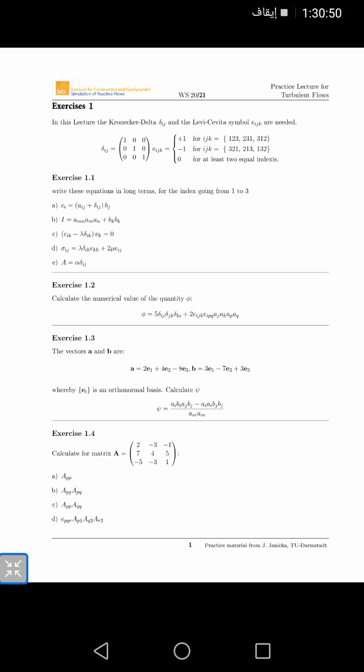So, before starting with this first exercise, let's review how we can write a vector with this notation.